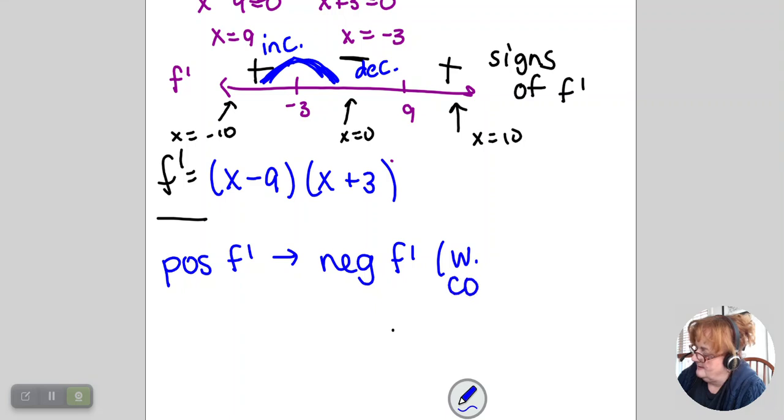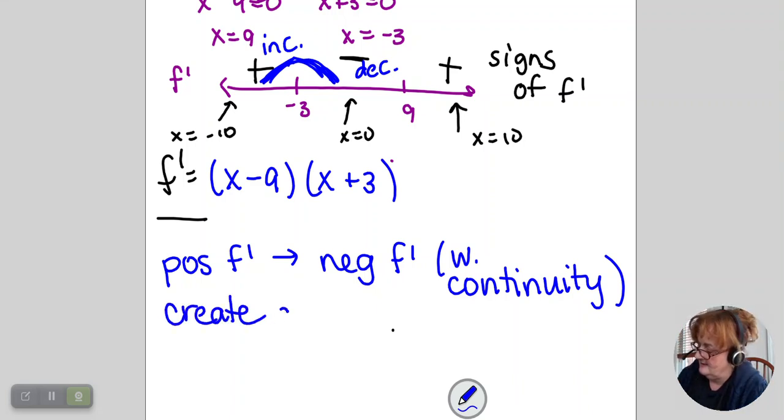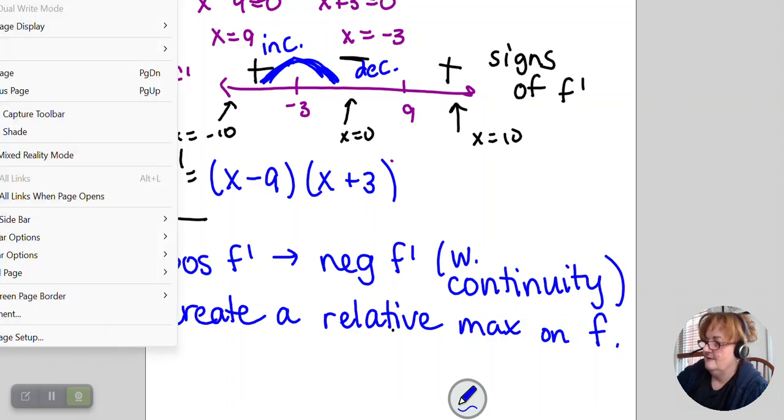And I'll make a note here with continuity, because it is possible to do this without continuity, and then you don't have what you want. Positive f prime to negative f prime with continuity creates a relative max on f.